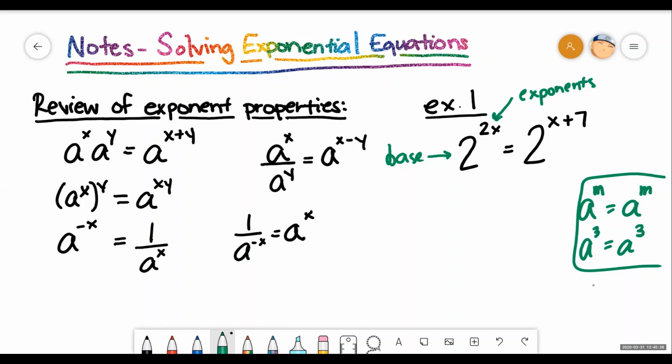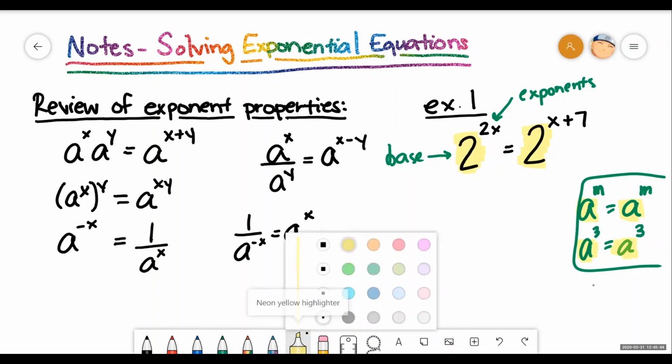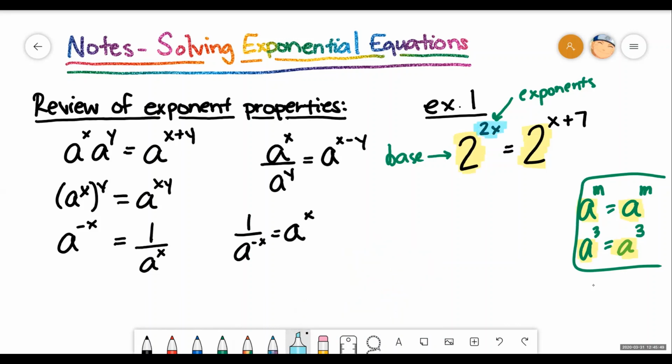So if we have two of the base values that are the same, 2 and 2, much like a is the same base as a in both of these here, then that means their exponent has to be the same as well, by definition. Okay, if m is equal to m and 3 is equal to 3, then 2x is equal to x plus 7, okay, by nature.